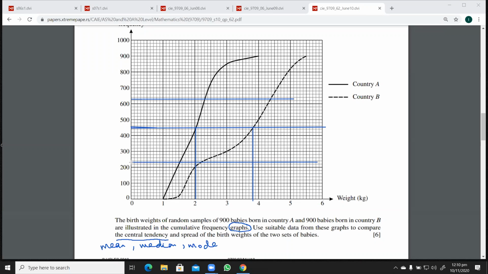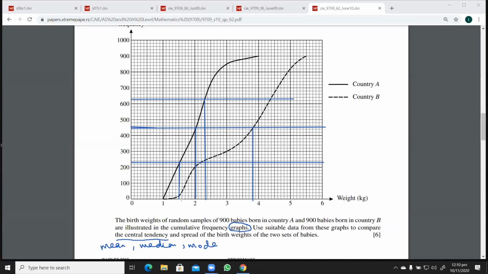You can find these quartiles, and you see that country A has much more concentrated data. This is the upper quartile here, which looks to me like 2.3-ish, and over here this is going to be 1.5.